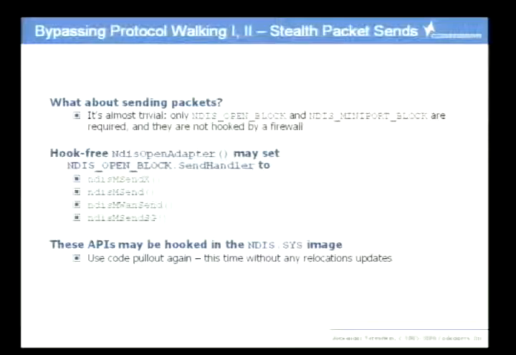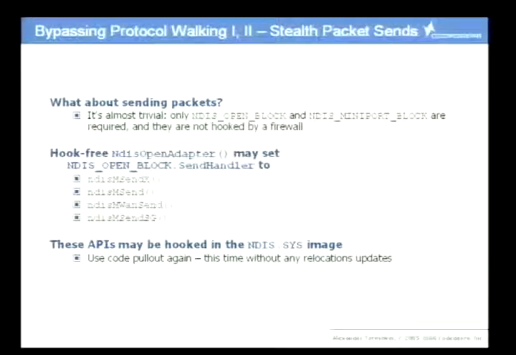Actually, the sending packet functions are defined in the NDIS open block with similar names, like NDIS send and other ones. I show it. And these pointers we get from the send handler pointer.